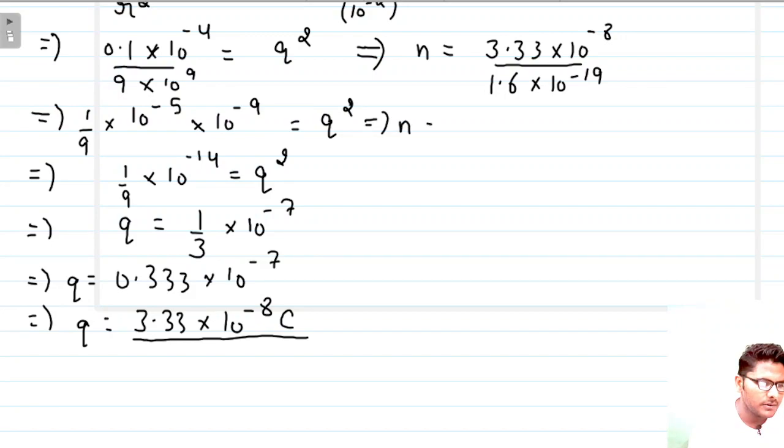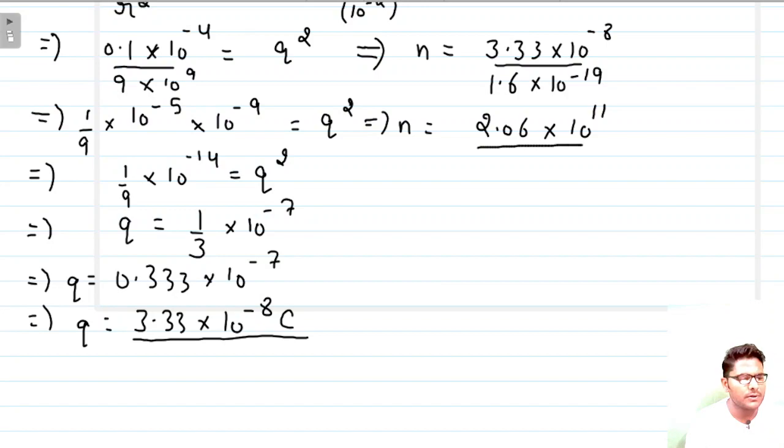So n will be equal to, when you divide this, 2.06 into 10 raised to power 11. So this many electrons have to be transferred to gain this much charge.